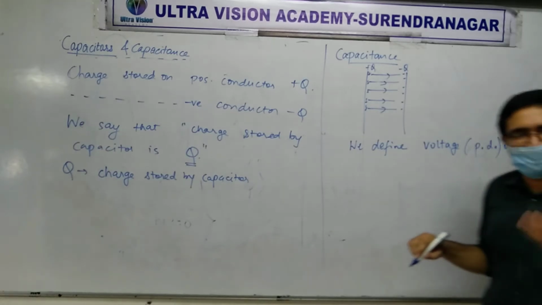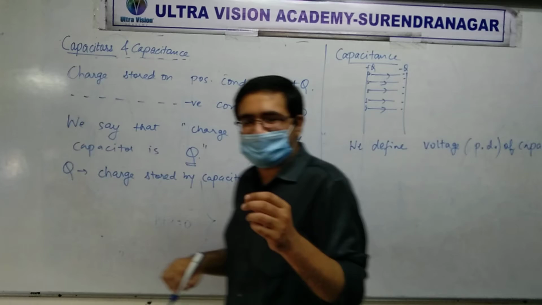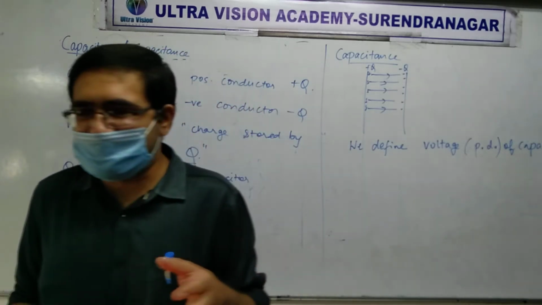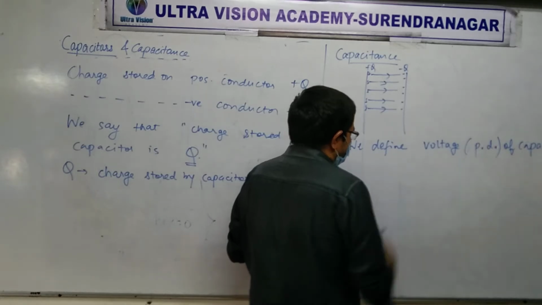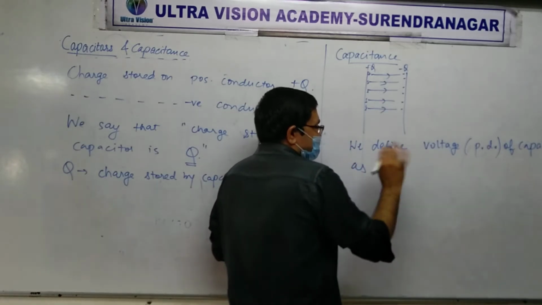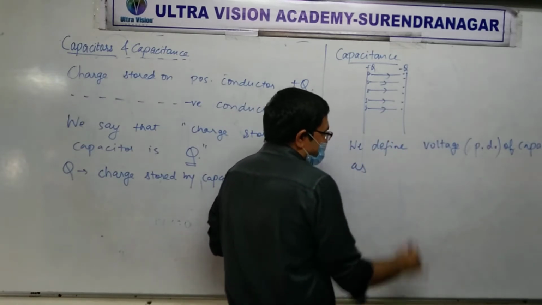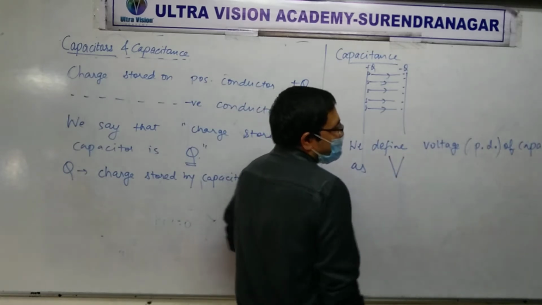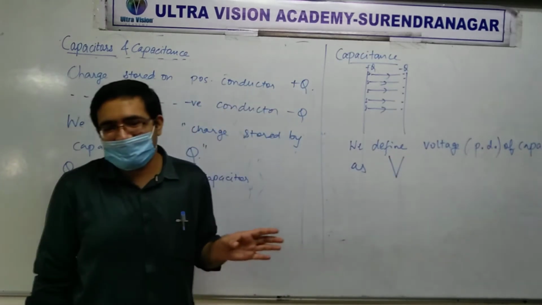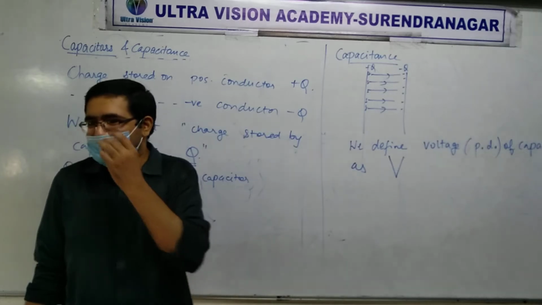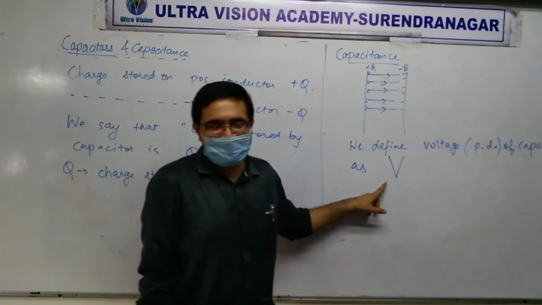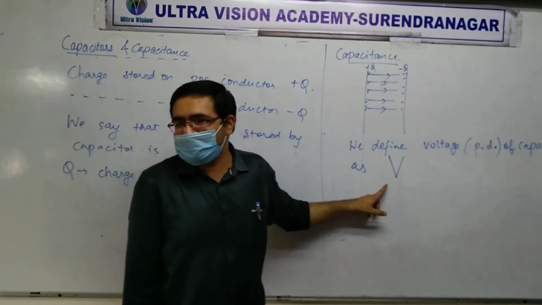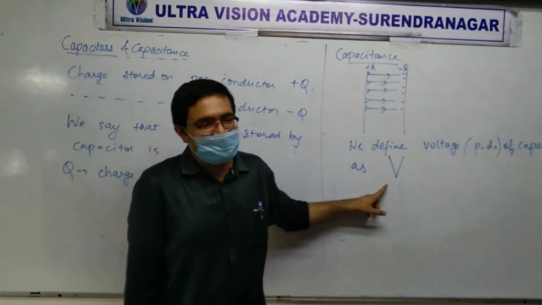Writing the definition is good so that you don't make silly mistakes, otherwise it's common sense. We define the potential difference or voltage of the capacitor with the symbol V, not delta V. Do you remember writing V equals IR in 10th? That V was voltage.